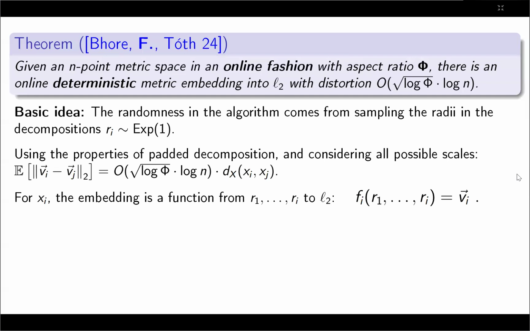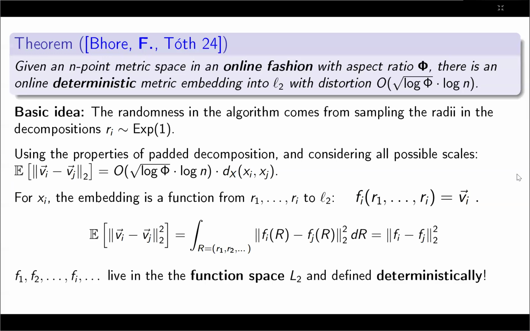In the tree, you get some point in the tree, but here, with the more sophisticated technique, you get a vector. So you can think of the embedding as a function from the sampled radii to a vector. And now you can show that the expected distance between two points is just some integral over all these radii you sample, and the result is the right distance.